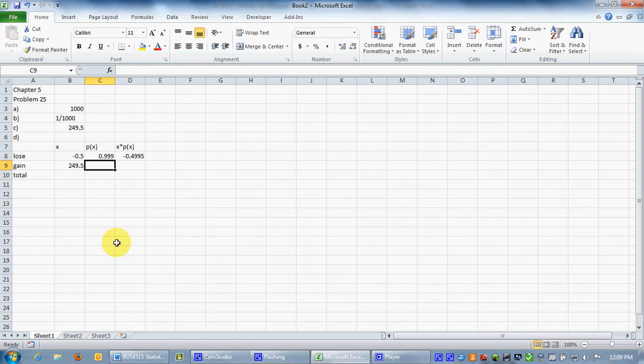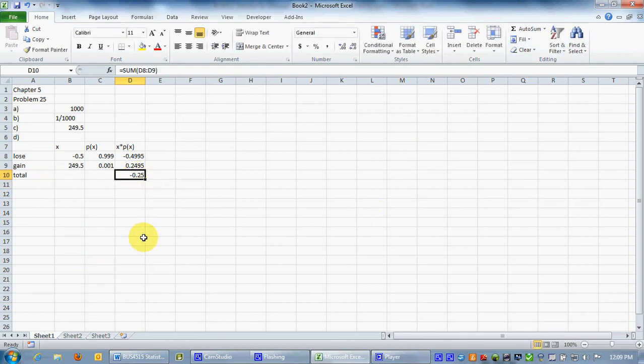And then the probability of winning that equals 1 divided by 1,000, or B. All right, then we multiply those two together. I'm just going to drag the formula down from that cell. It'll do it for us. And then we're going to sum these two cells to get our answer.